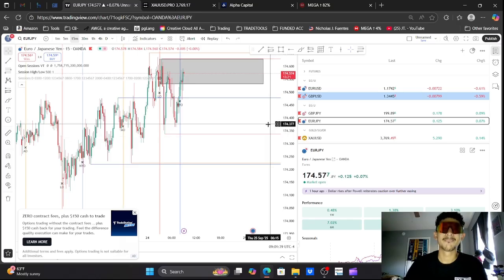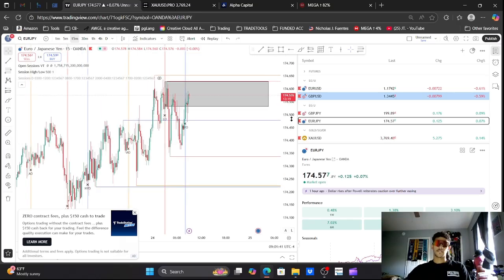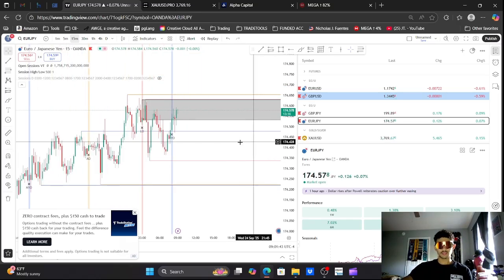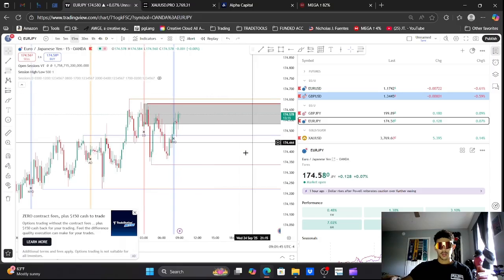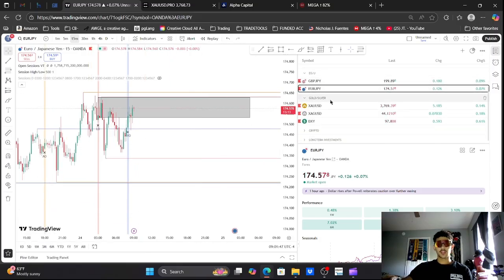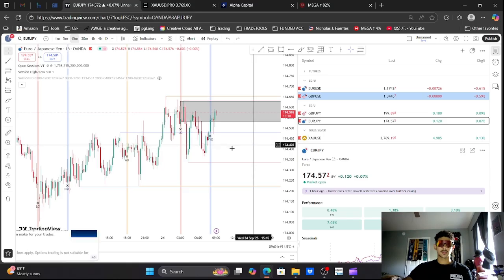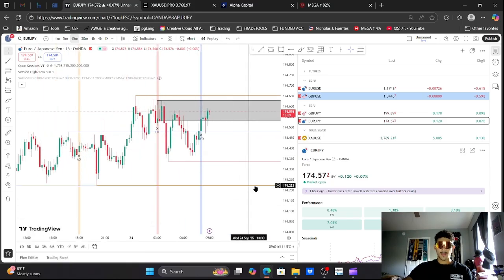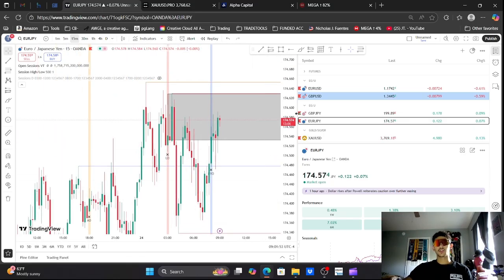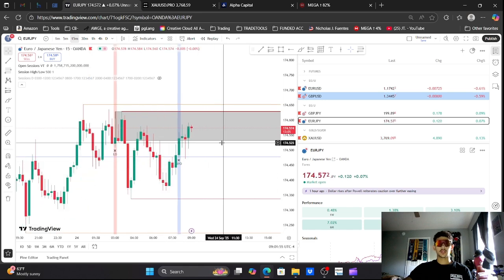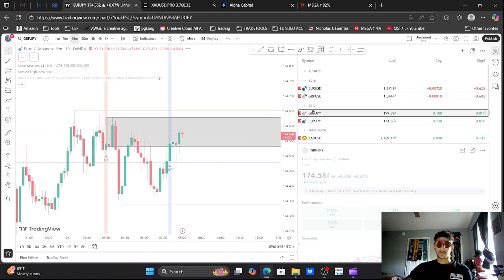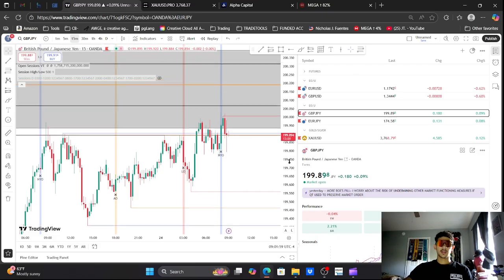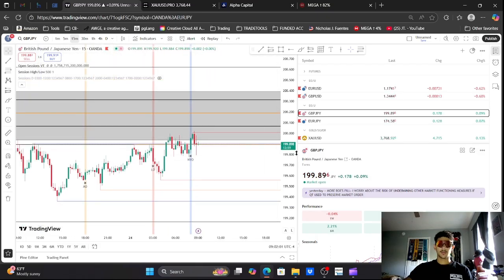But I'm not comfortable taking it on EJ. We'll just have to see what price gives us on this chart specifically. I'm not too fond of the idea on trading it though. I am for sure fond of the idea of GJ. This is gonna be beautiful.